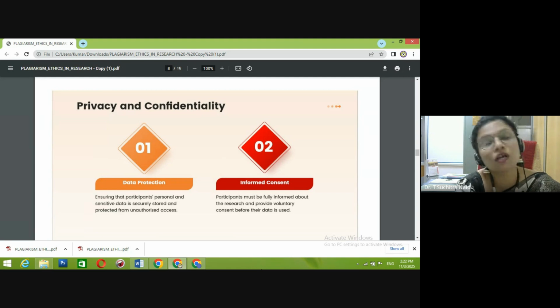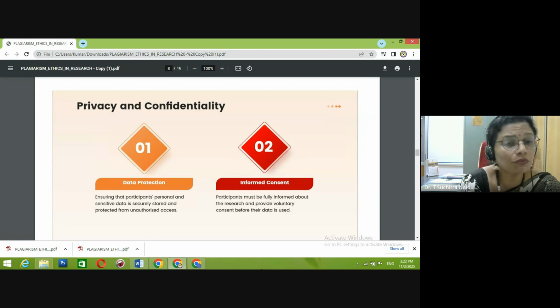Or sometimes a person is economically very weak and has no money to pay the fee. Then, in certain cases where research ethics is broken, people are simply admitted to the hospital and clinical trials are done on them. Actually, the patient should be informed.